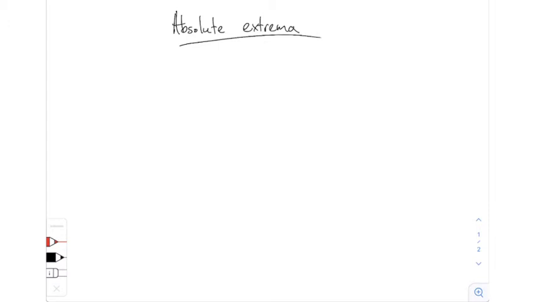These are a little bit easier to find and identify than the relative or the local extrema, which we're going to talk about a little bit later. The absolutes are a little bit easier to identify than the locals.